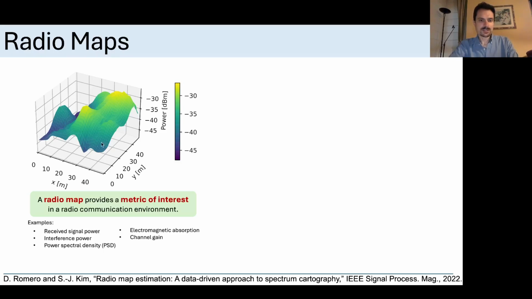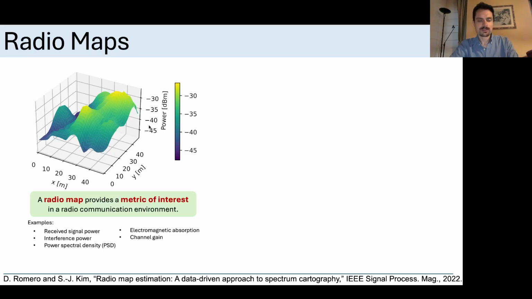A radio map is essentially a function that provides the value of a certain communication metric for each spatial location, right? So for instance, this map here provides the power that a communication terminal, like a phone, would receive if placed at each of these spatial locations, right?